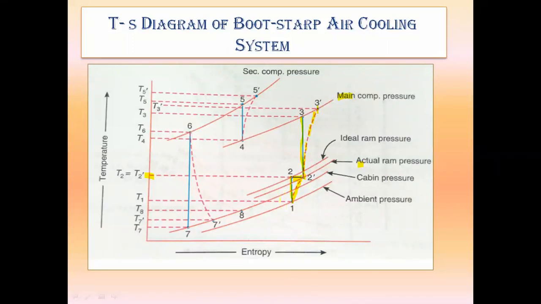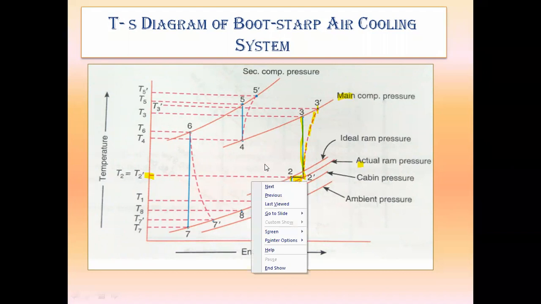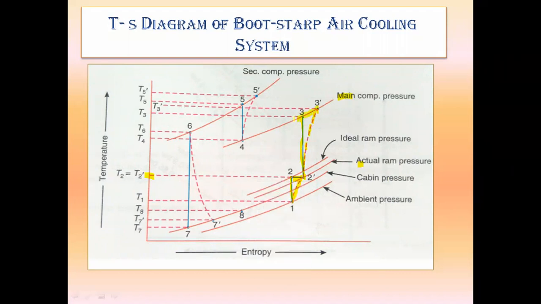Then 3 dash to 4 is nothing but constant pressure heat rejection inside the first heat exchanger. Then 4 to 5 is isentropic compression inside the secondary compressor, and 4 to 5 dash is actual compression inside the secondary compressor.